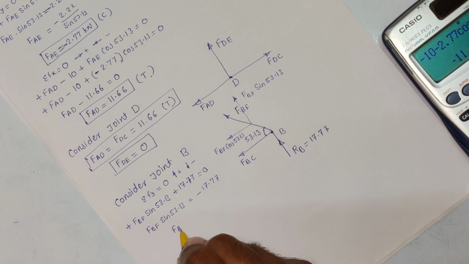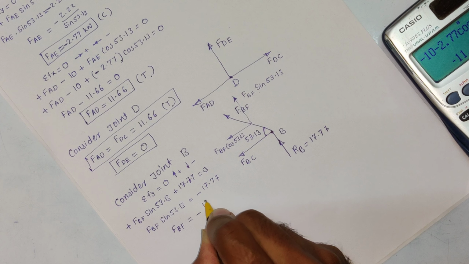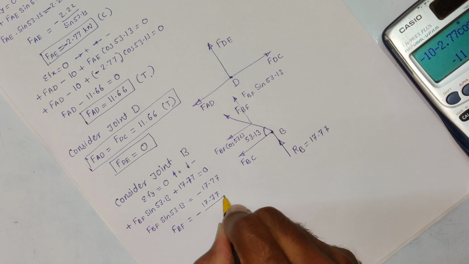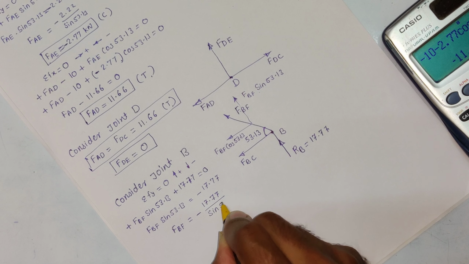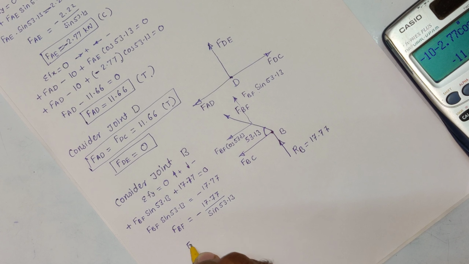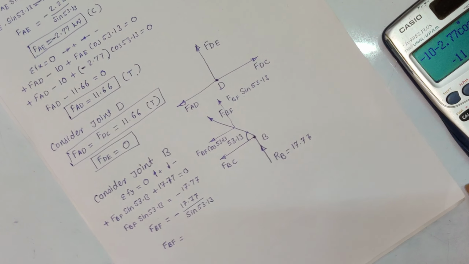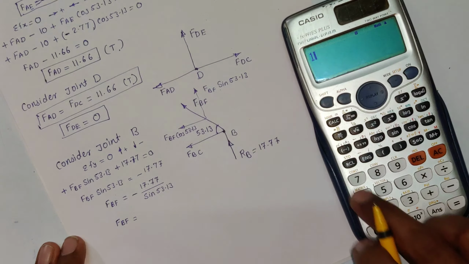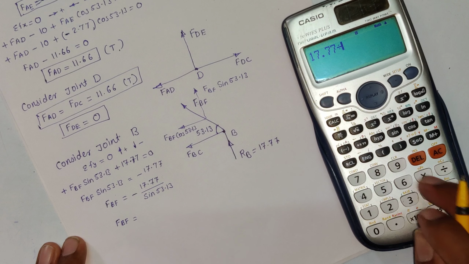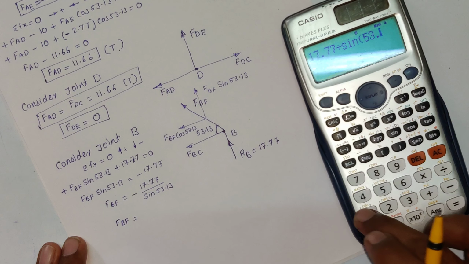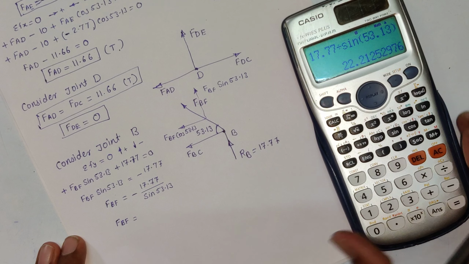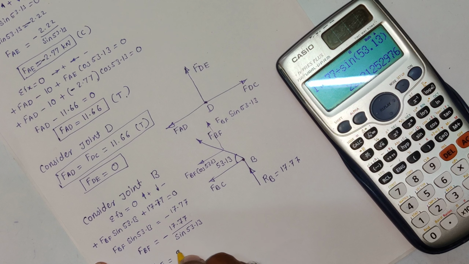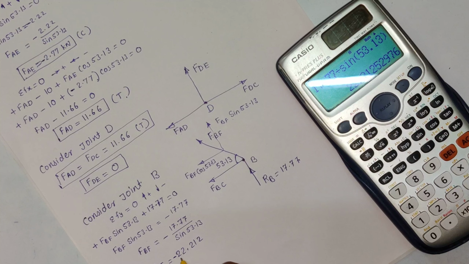So FBF is equal to minus 17.77 divided by sin 53.13, and answer is 22.212 minus. As this is minus sign, so I'll write here compression. This is FBF.